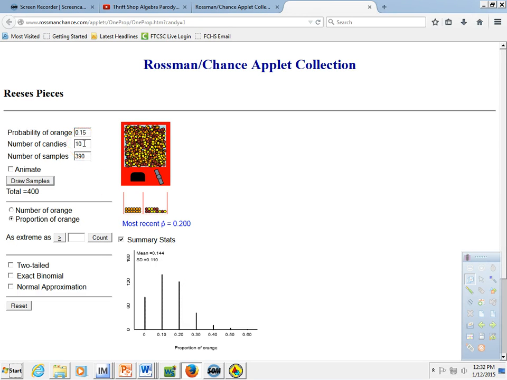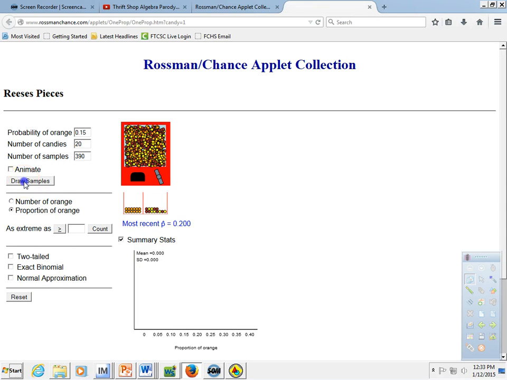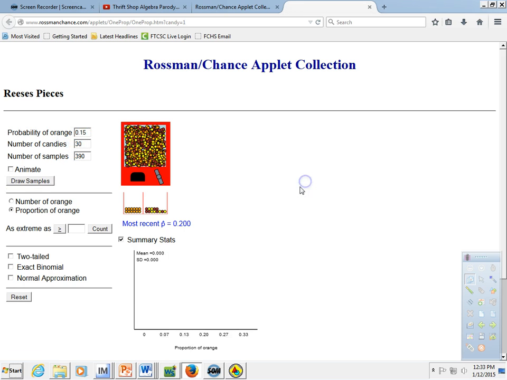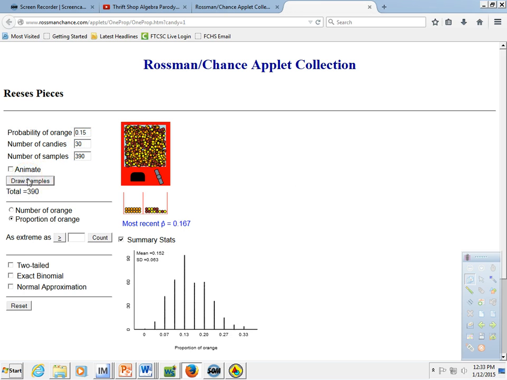Okay, so 10 candies, not quite normal. What if we took a sample of 20 candies? Is that going to do it? We're getting closer to normal, but we still have a bit of a tail, a skewness here. What if we go as much as 30? Closer, we're getting closer.